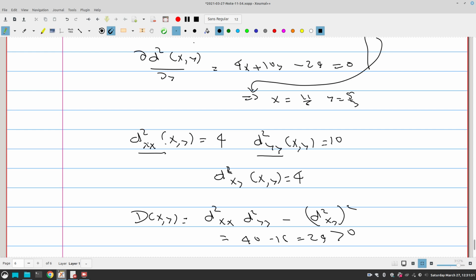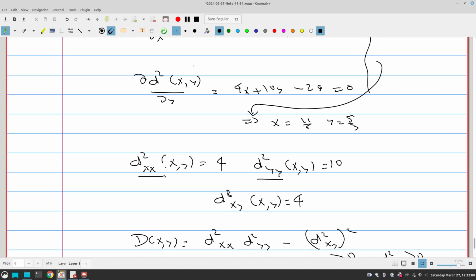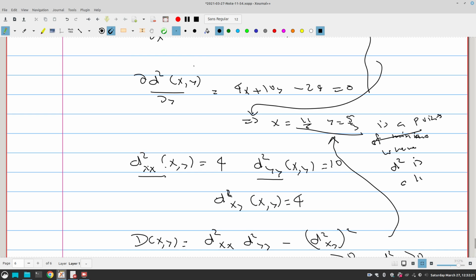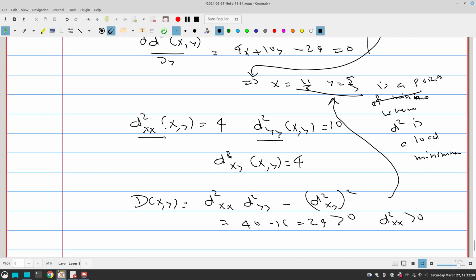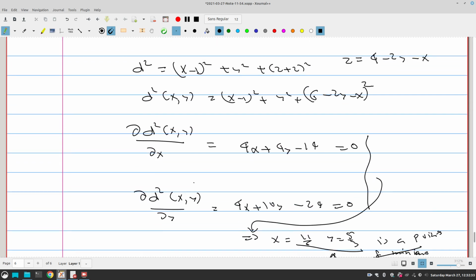So if this is greater than 0, and of course d square xx is greater than 0, that tells me that the point here is a minima, a point where d square is a local minimum, right?